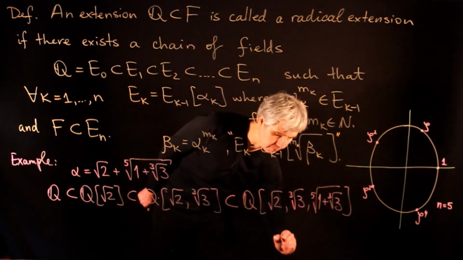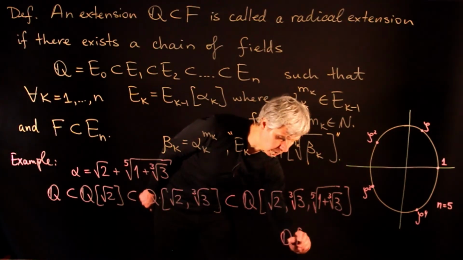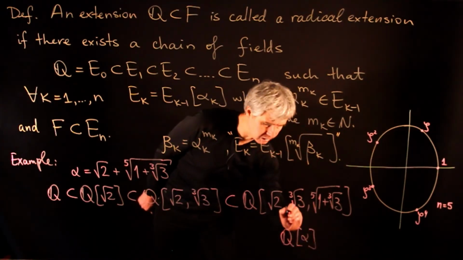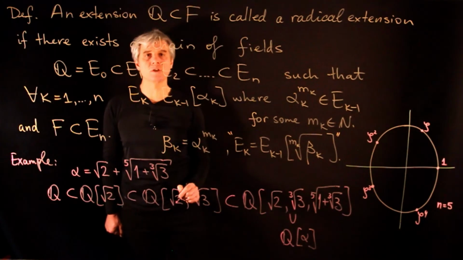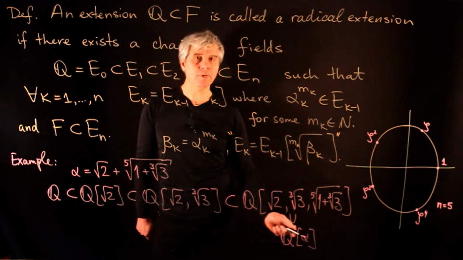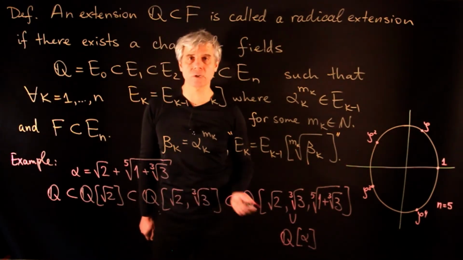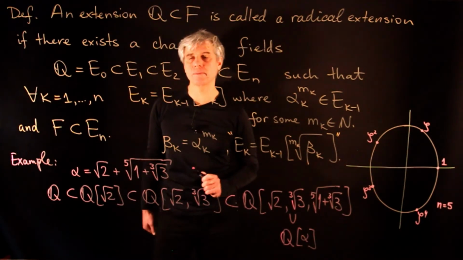And then we will have that the extension of Q with element alpha is a subfield in the last field in this chain. So Q of alpha is a radical extension of the field of rational numbers.